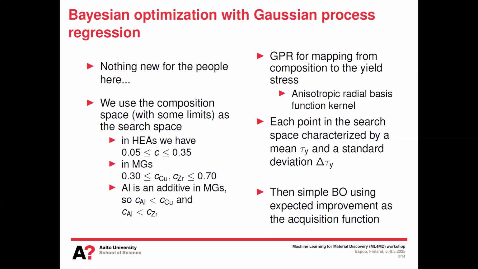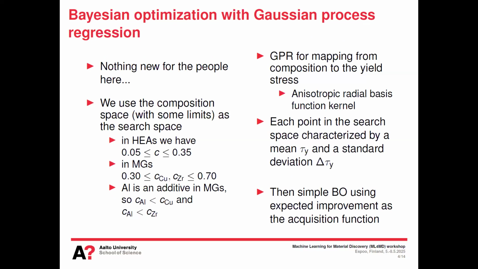We just do Gaussian process regression to map from the composition to the yield stress based on the points that we measure. Simple anisotropic RBF kernel. Okay, so here we have basically a grid of 1% intervals. So at each point we then have nicely a mean value for the yield stress and a standard deviation, so the measure of the uncertainty.